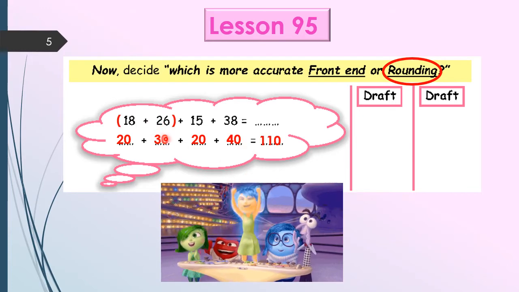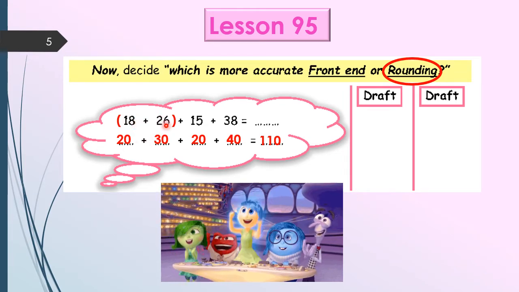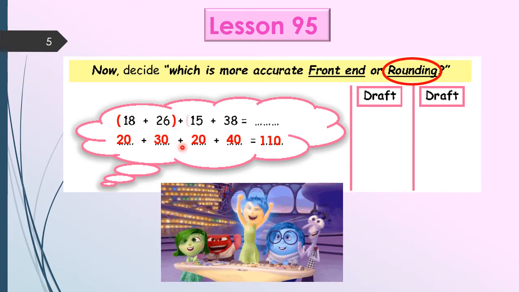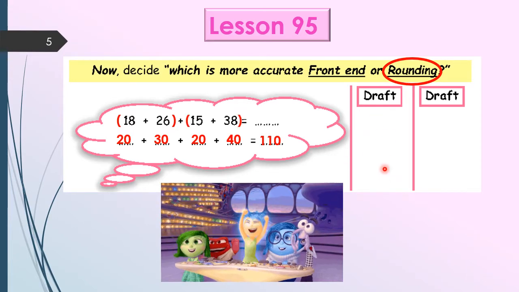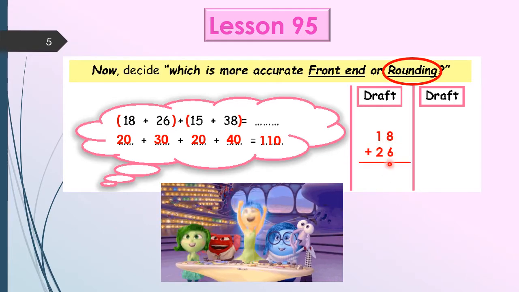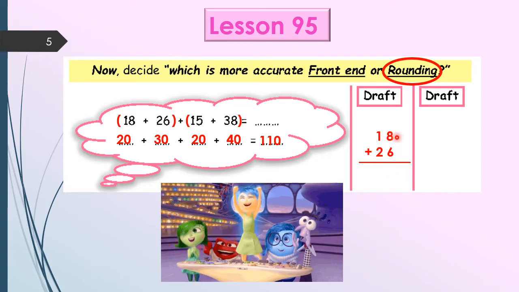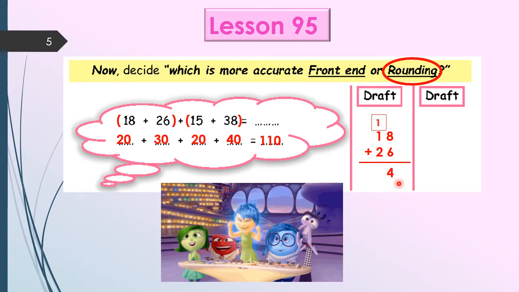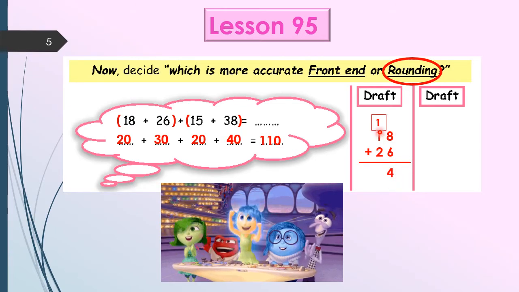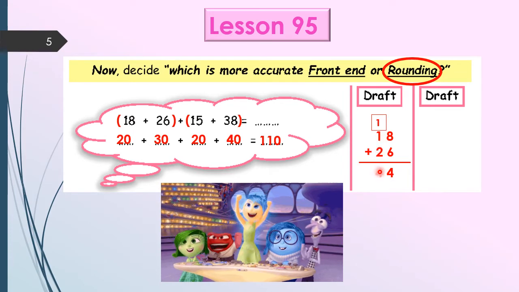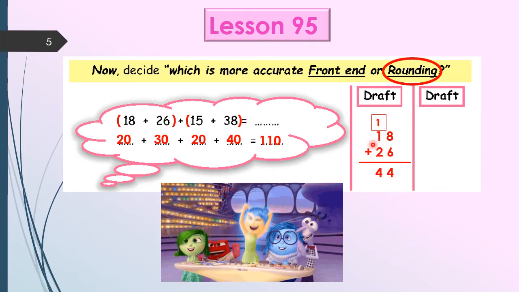Yes, take the first 2 numbers together, in our draft, 18 plus 26. It will be 8 plus 6 equals 14, 4 and carry up 1, 1 plus 1 equals 2, 2 plus 2 equals 4, it will be 44.